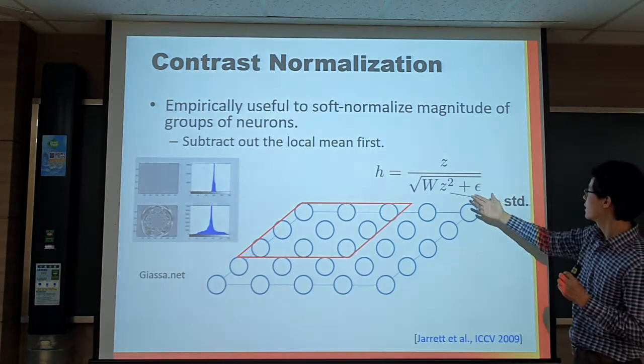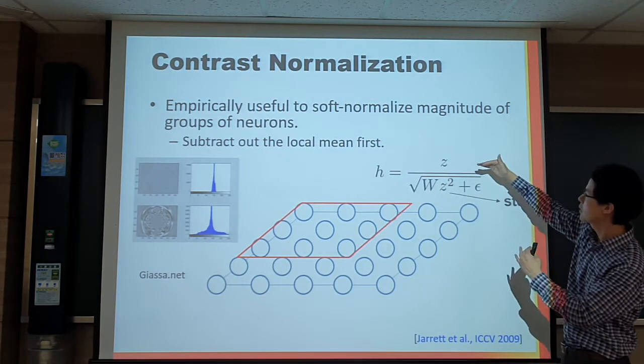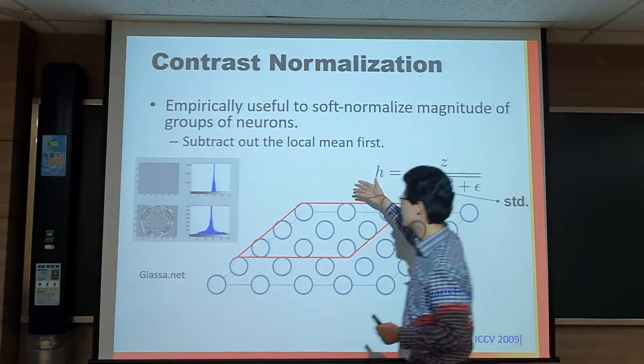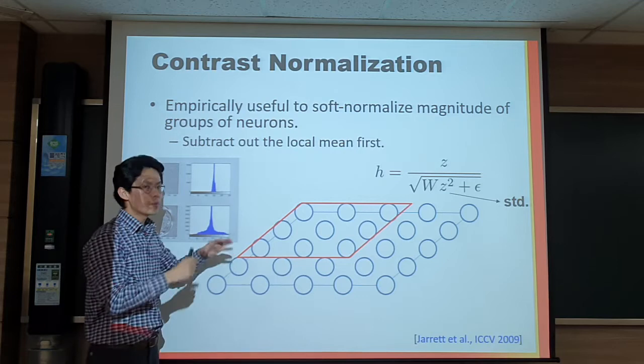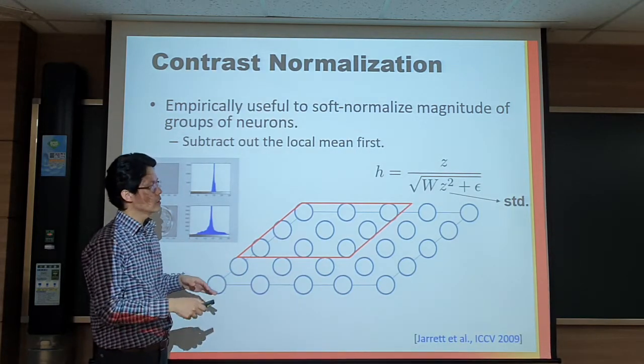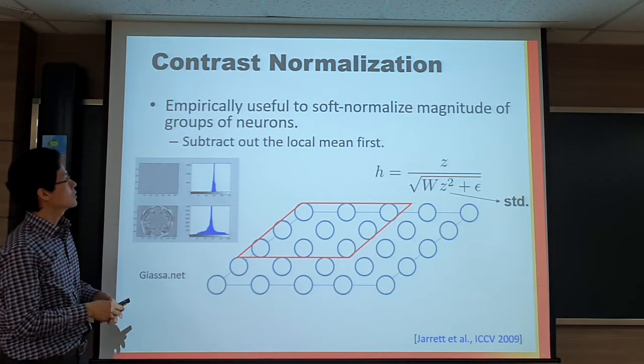Then we consider each weight, and we can apply this contrast normalization. There could be very different approaches, but in the field, if we do this kind of approach, we can achieve this contrast normalization.